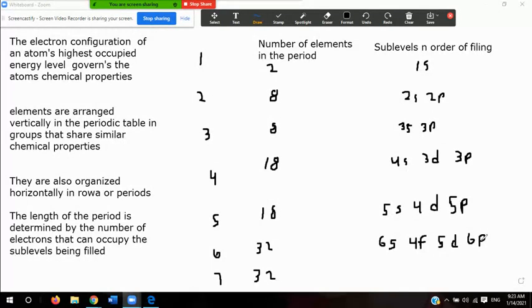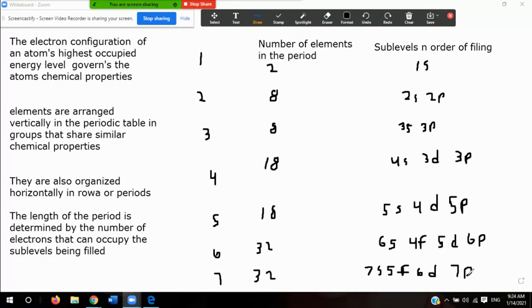And then the seventh period elements are 7s, 5f, 6d, and 7p.